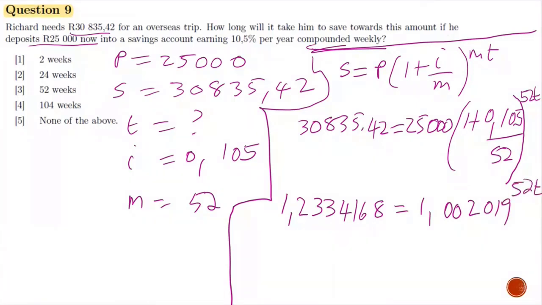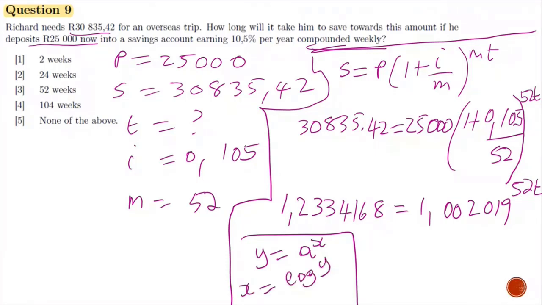So here you're going to use that thing of y is equal to a to the power x. So your x is equal to log of y over log of a. Okay? So that's what you would apply here to get your 52T.